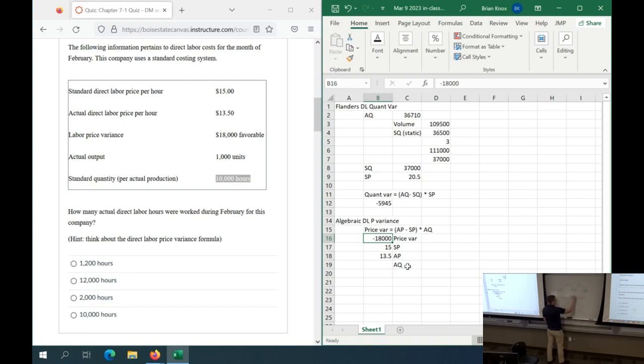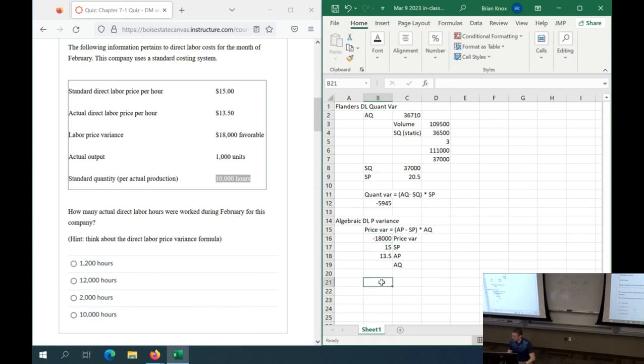So this is just negative 1.5, meaning we spent $1.50 less per hour than the standard was. And then we can divide by negative 1.5 on both sides. So 18 divided by negative 1.5 is 12.